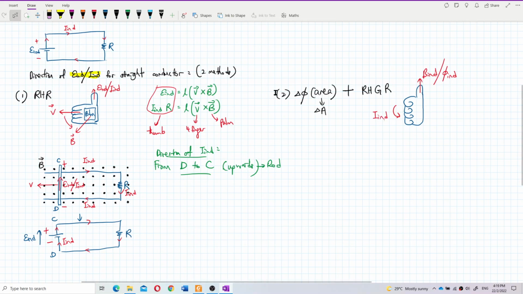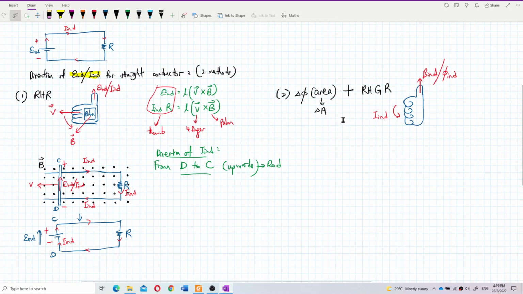Understand? The forefinger, which we grip, is the induced current, and the thumb is the induced magnetic field or induced flux.